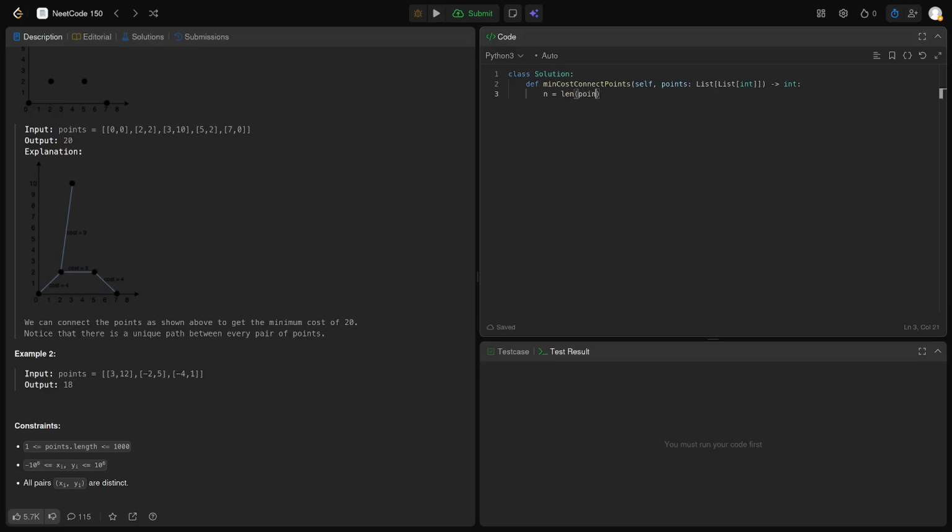So first let's grab the length of the points, n, and then in_MST is False times n, and then min_dist is float inf times n, min_dist[0] = 0.